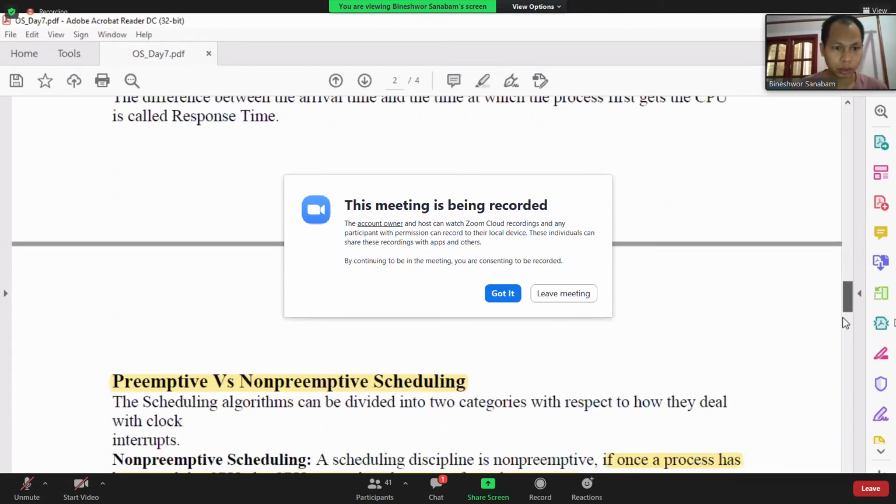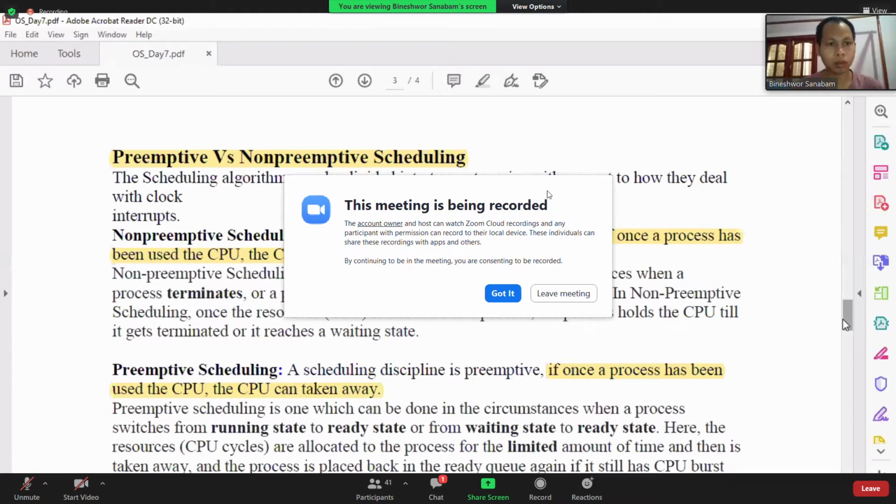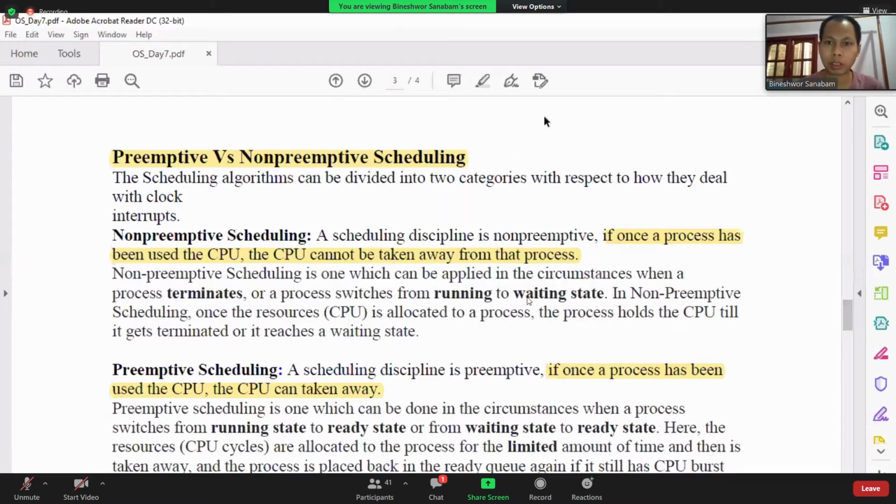So this is from your last class. Here we have two types of scheduling: preemptive scheduling and non-preemptive scheduling. In preemptive scheduling, a process in execution can be interrupted.